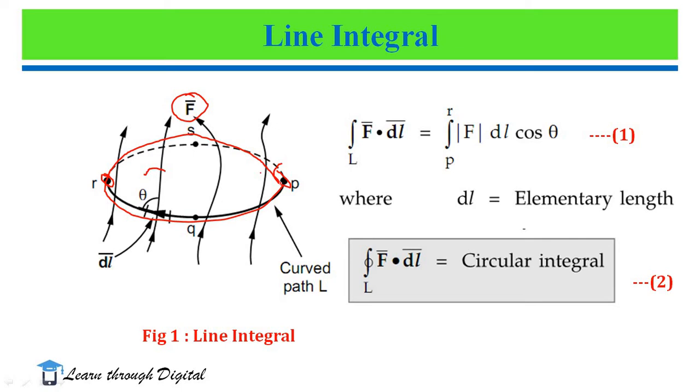Therefore, the curved paths are of two types here, open path and closed path. The closed path is also called a contour. The corresponding integral is called contour integral, closed integral or circular integral, and it is mathematically represented like this. It is a closed line integral.